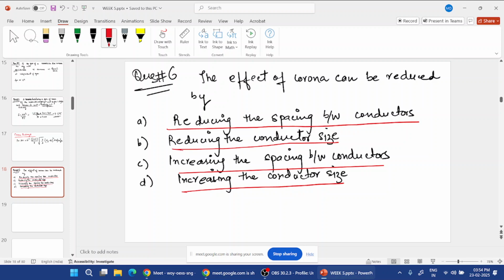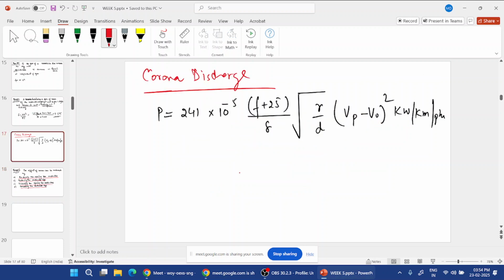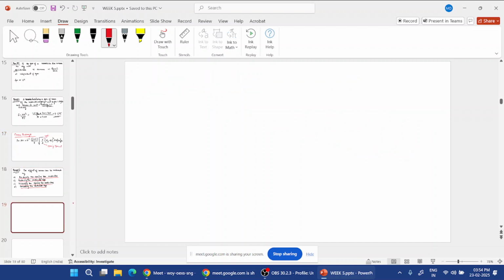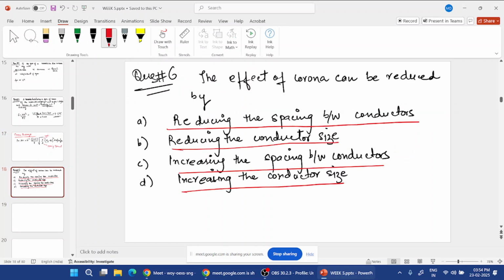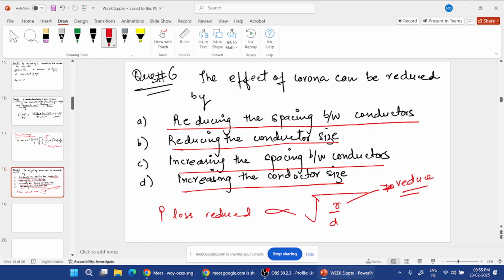ओके, तो हमने एक फॉर्मूला पढ़ा था which is P is directly proportional to R and D. What is R? R is the radii of that conductor and D is the spacing between the conductors. तो हम कोरोना का इफेक्ट कम कब करेंगे, जब कोरोना लॉसेस रिड्यूस कर देंगे, और वे डायरेक्टली प्रोपोर्शनल टू आर बाई डी. तो अगर हम R को रिड्यूस कर दें, which is reducing the conductor size, the corona losses will get reduced. ठीक.